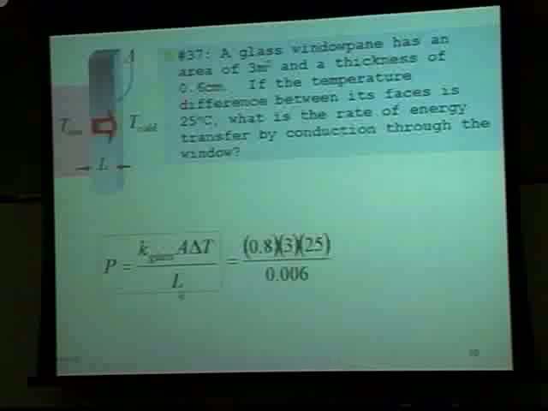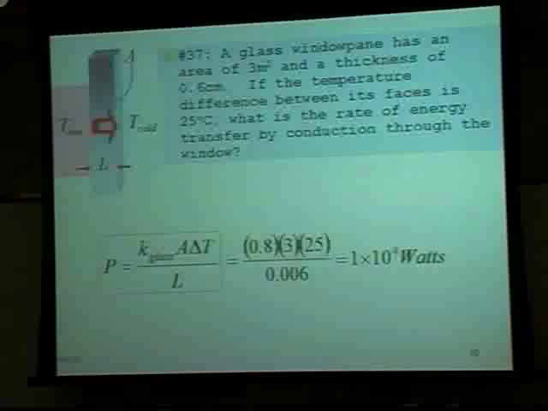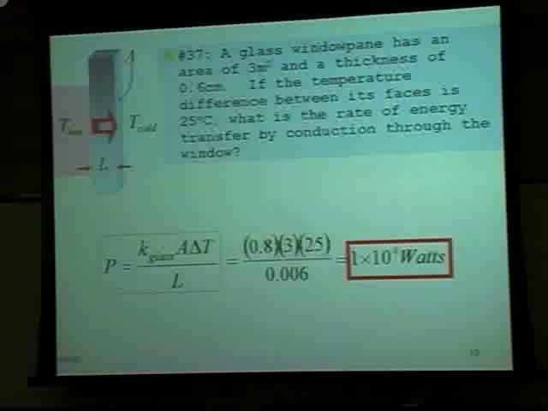Putting all those values in, looking back on that previous table, for the thermal conductivity, 0.8 for glass, 3 square meters, 25 degrees centigrade, 0.6 centimeter length, 0.006 meters. This translates to 1 × 10⁴ watts, or 10 kilojoules per second. Energy transfer.